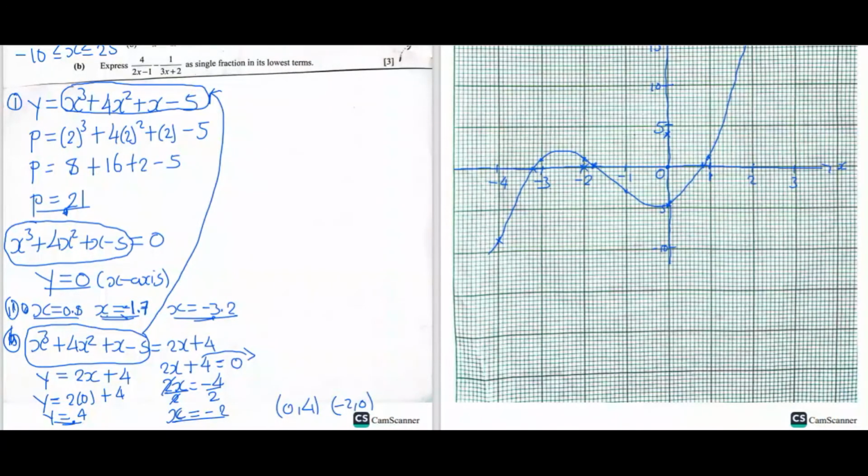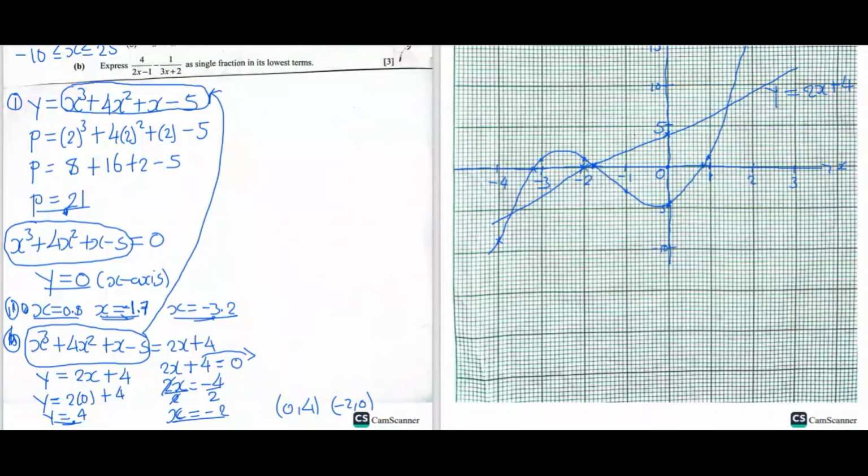Then after we are done putting these 2 points, we need to draw a straight line that will pass through these 2 points. Make sure you use a rule. So we have drawn our linear equation, y is equal to 2x plus 4.